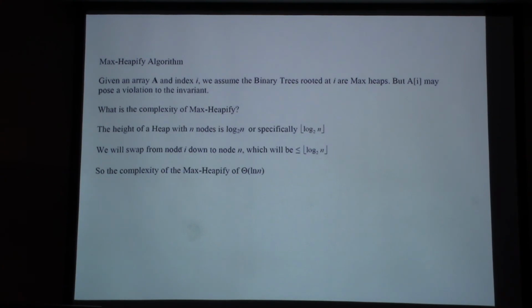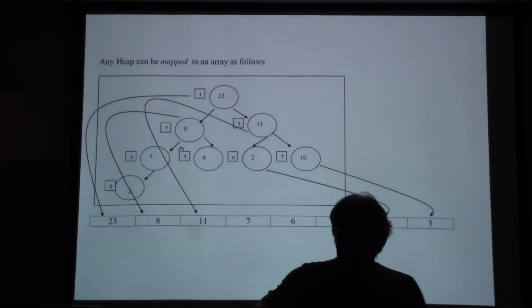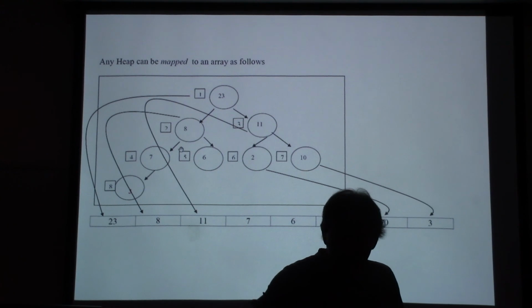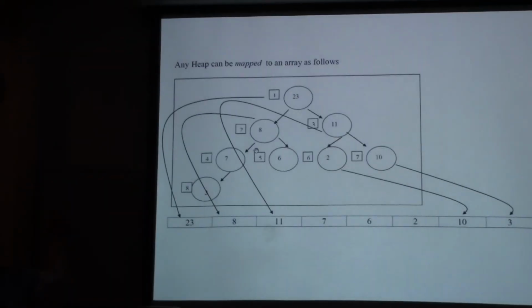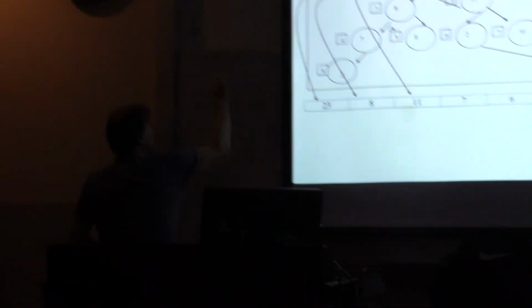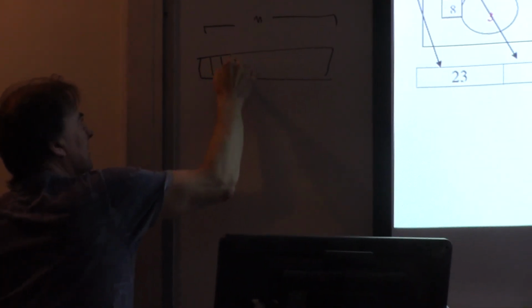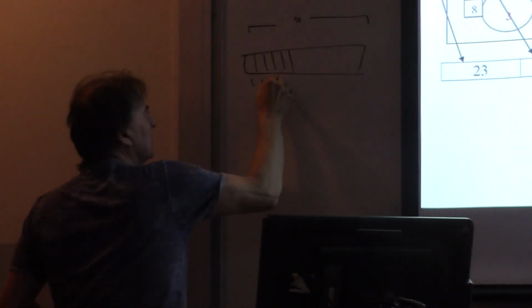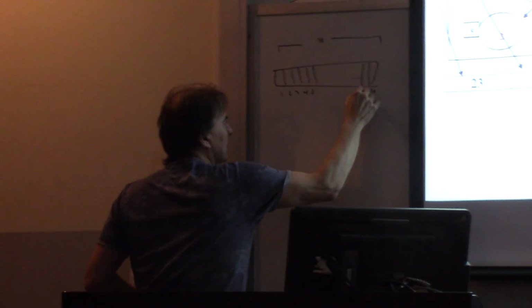Okay. Let's think about, so therefore, we can certainly assume that we have an array. And let's say we do have an array, something like this. And the array has, for example, n elements. And we're going to index those elements, 1, 2, 3, 4, 5, all the way to n.